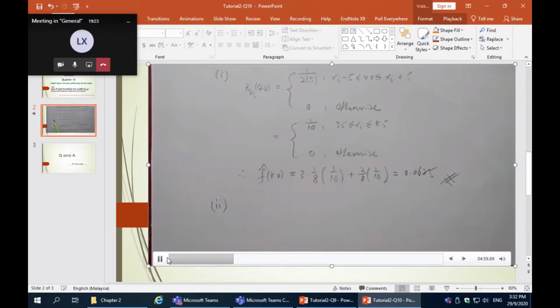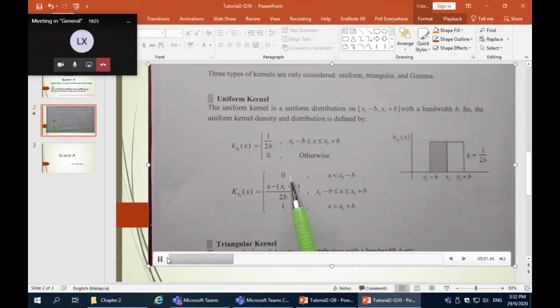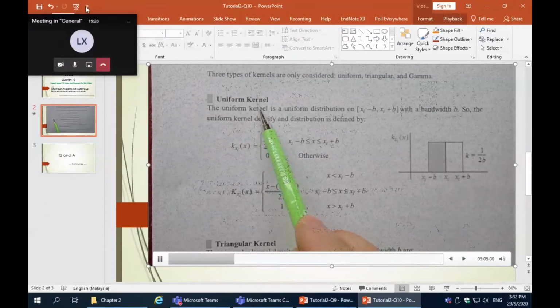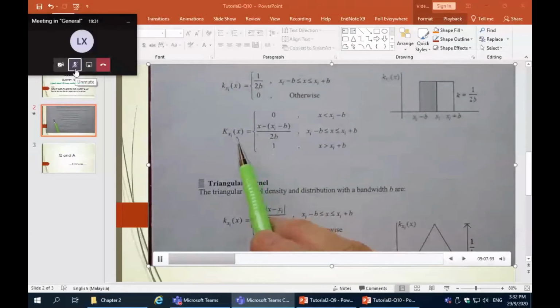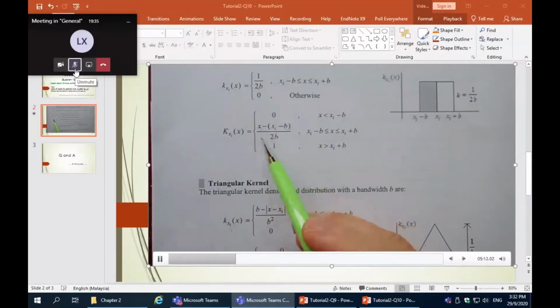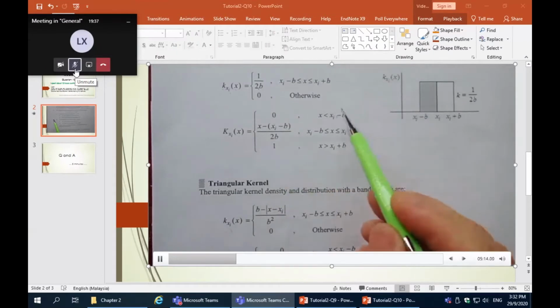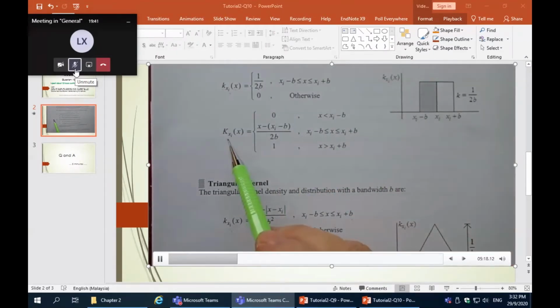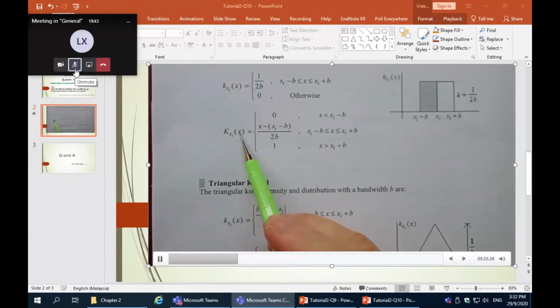The kernel distribution at 50 is given by this piecewise function under the uniform kernel. For the kernel distribution at 50, we have to substitute x equals 50 into this result and also the intervals, so that we can calculate the kernel distribution at 50 based on all the data xi.